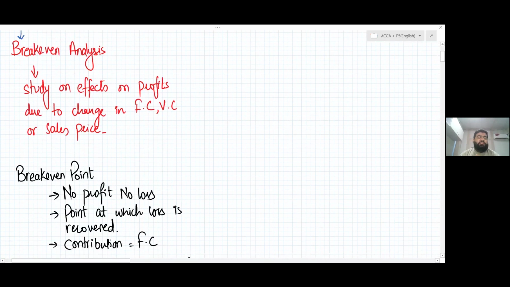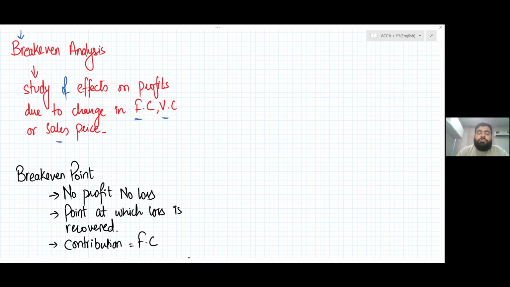Break even analysis is defined as the study of effects on profit due to change in fixed cost, variable cost, or sales price. As you know, every business is facing a huge fixed cost, so the first target of that business is to cover that fixed cost.